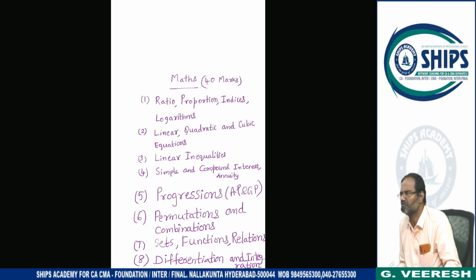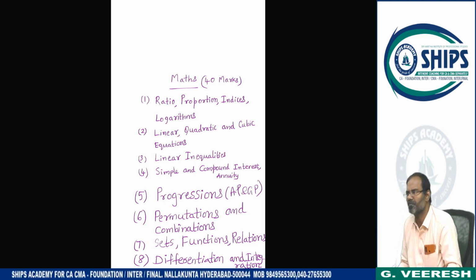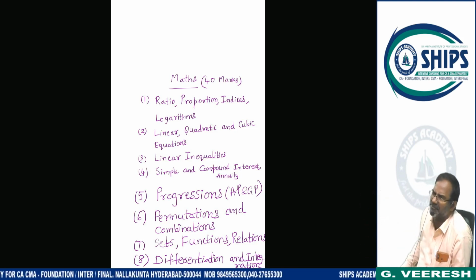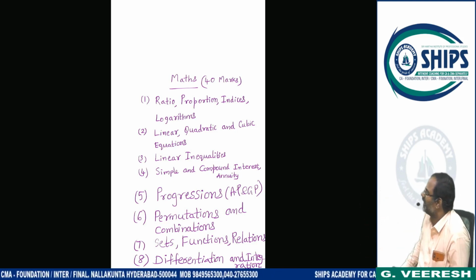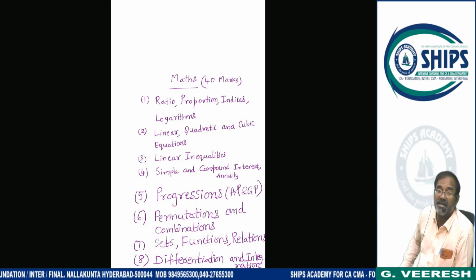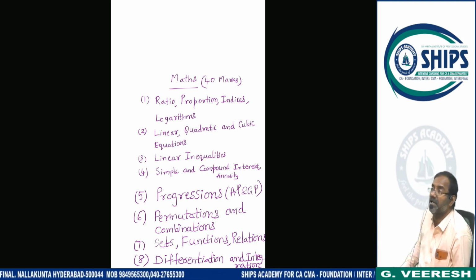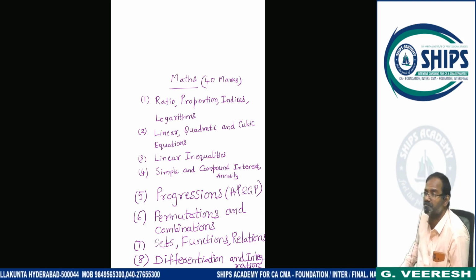Accounting related calculations you will do. Clear? In that also you will do 30%, 20%, the same as whatever we have done in foundation level. So now the fourth chapter itself will get minimum 10 questions and we can get 15 questions also.